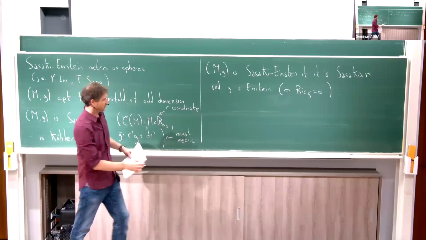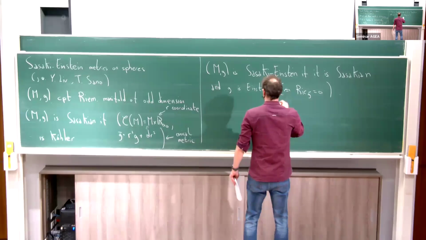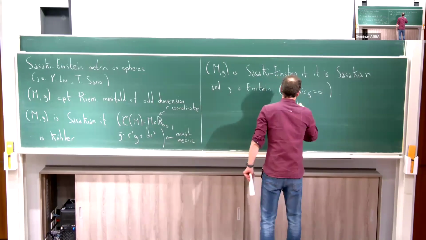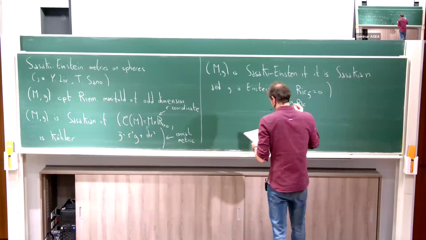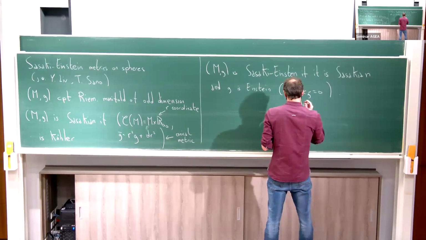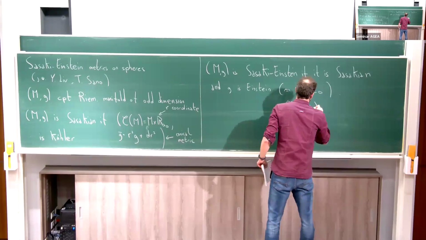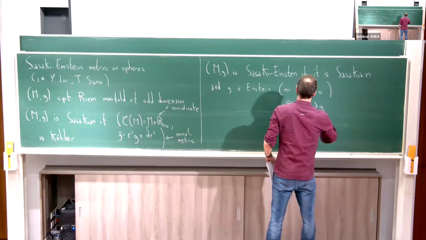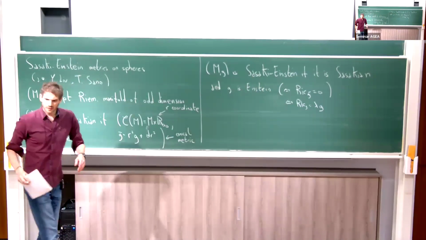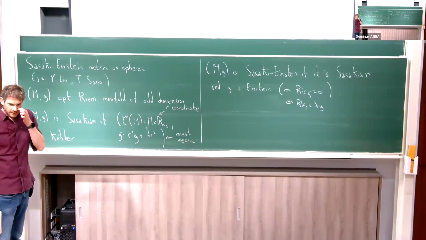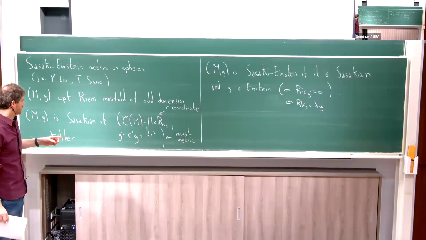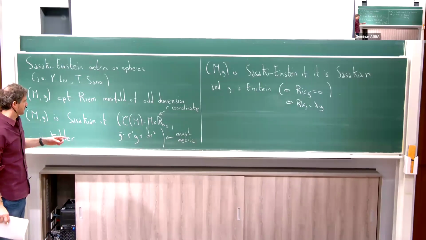You can also do it differently, but it's the same thing in this case. It is a little computation that the Ricci curvature is a multiple of g, right? Like always. So the Ricci of g is lambda g for some constant lambda. So these two now are equivalent. It doesn't need to be Calabi-Yau on the cone.